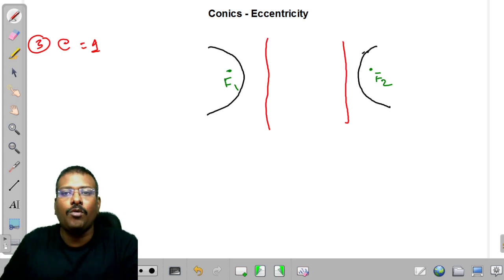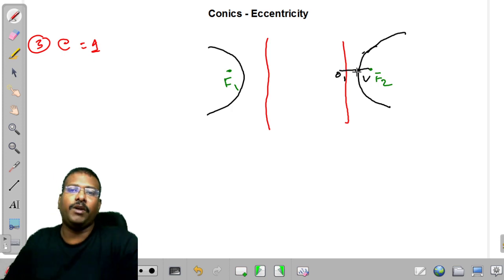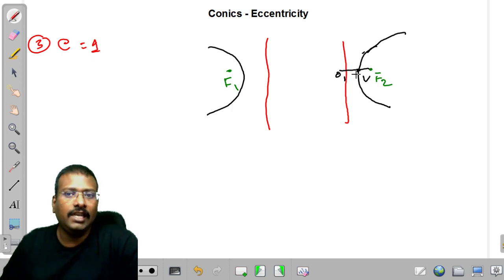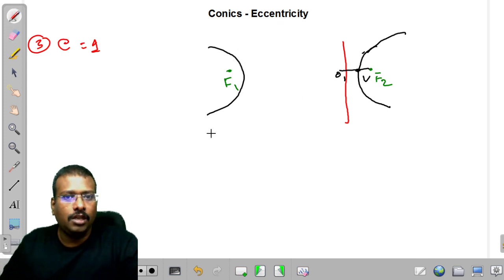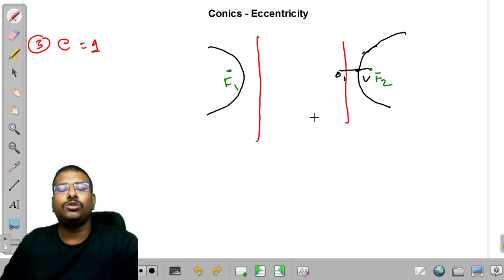For the parabola we will draw only one side. So this is V, this is O1. VF2 divided by VO1 is the same. These two lengths are the same here also. Here the focal distance is the same, so this length and this length are both the same. So we are going to get a parabola.